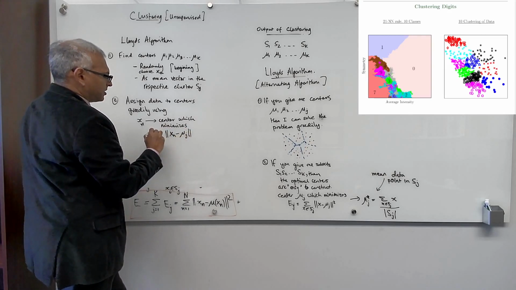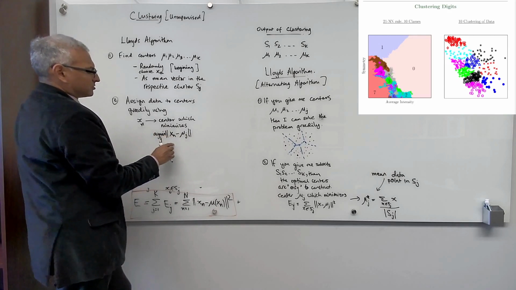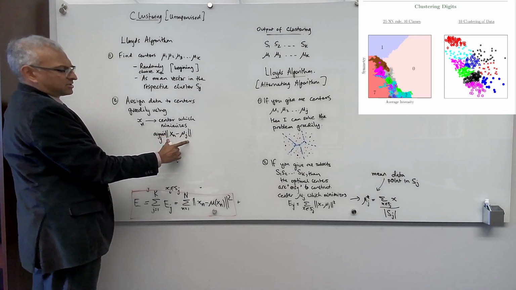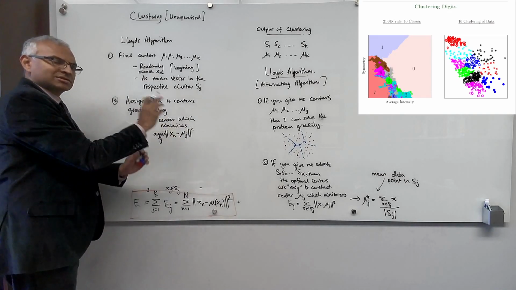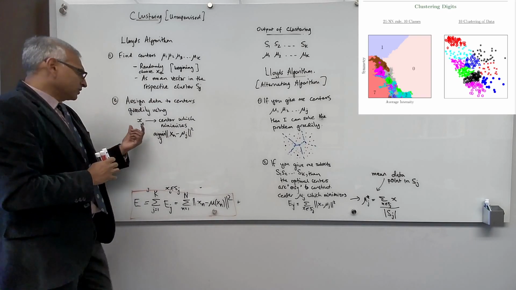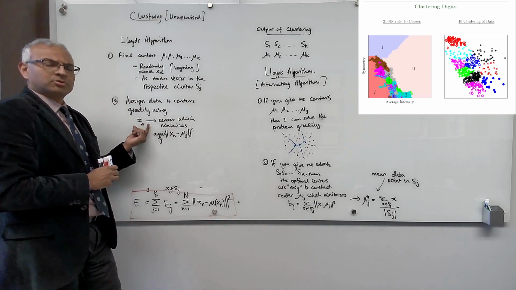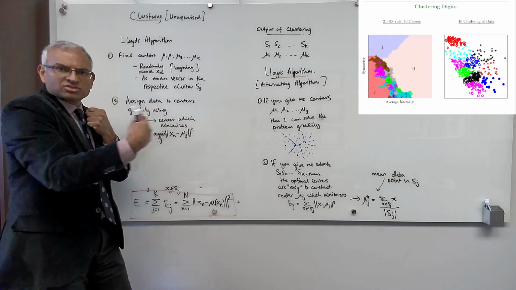So argmin over j. Find me the center that minimizes the distance to xn, and that's the center to which I assign xn. So you assign your data points to centers, always making sure that I assign the data point to the center that's closest. That gives me a clustering, a partition into subsets.